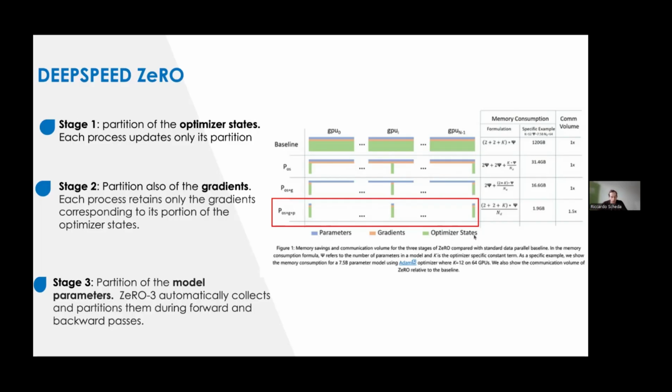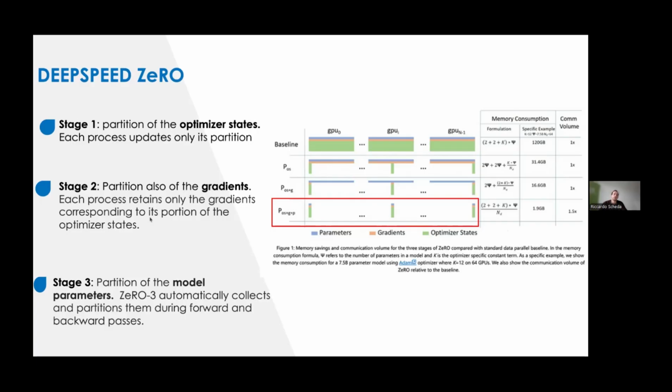Obviously, there are these three different stages because, let's say, if you have enough resources in a single GPU, we can use stage one, in which we have replicated the gradients and the parameters, but we split the optimizer states.